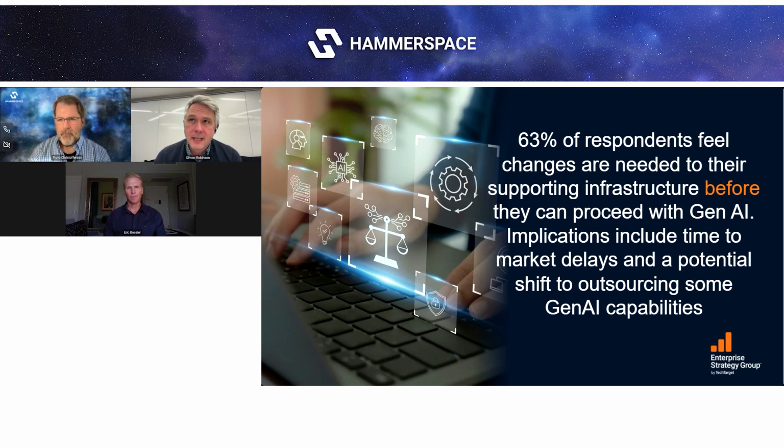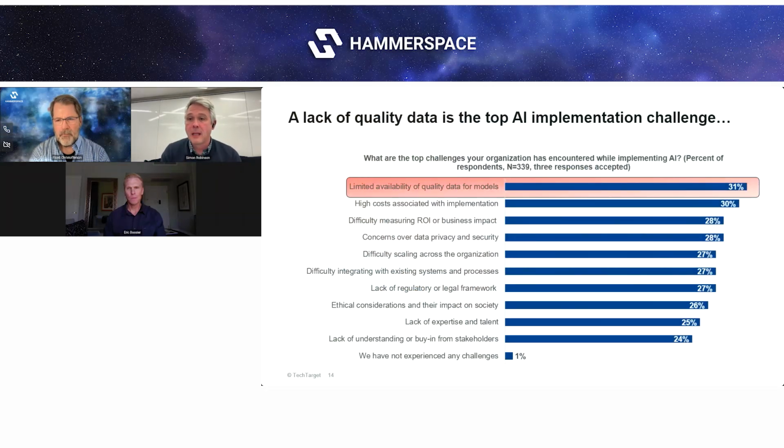And the extent of these data challenges is consistently recognized in our research. So we did a survey. This is actually a different survey that we did last year, not just on Gen AI, but on AI more broadly. We asked organizations what the top challenges were when encountering and implementing AI. The top response, ahead of things like high costs, measuring ROI, skill shortages, and privacy concerns, was a lack of quality data to train models.